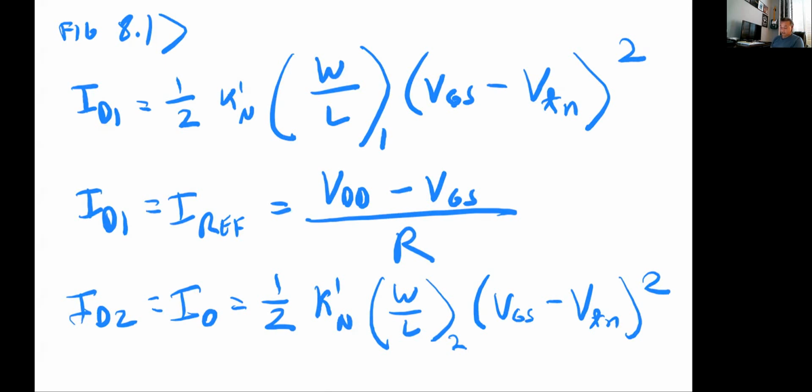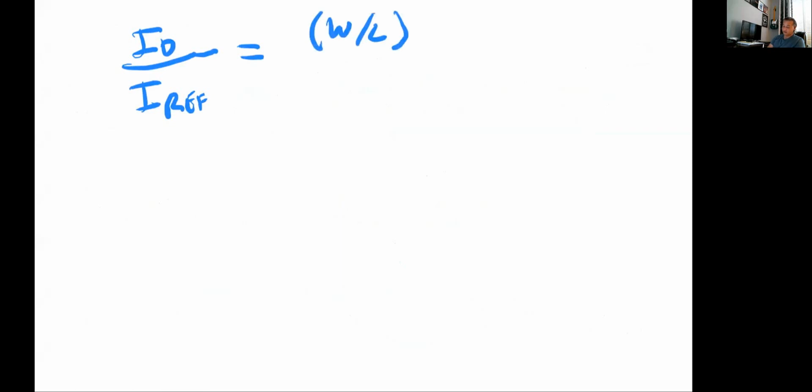So if I get a proportion for this current source IO, or the output current, in terms of IREF, I can write that the output current over IREF is going to end up being just the ratio of these two ratios for the transistors.